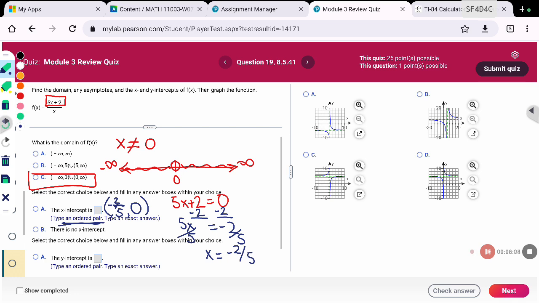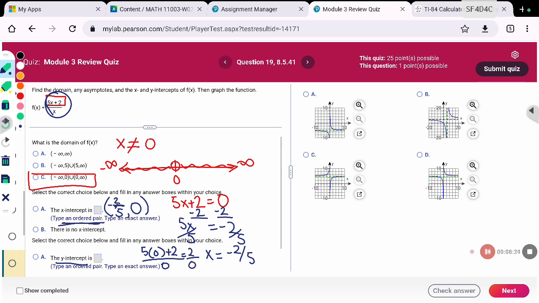And then you're going to find the y-intercept. To find the y-intercept, you replace all of the x's in the function with zeros. So here's what I'm looking at. If I replace all of those with 0, I'll have 5 times 0 plus 2 over 0, which gives me 2 over 0.